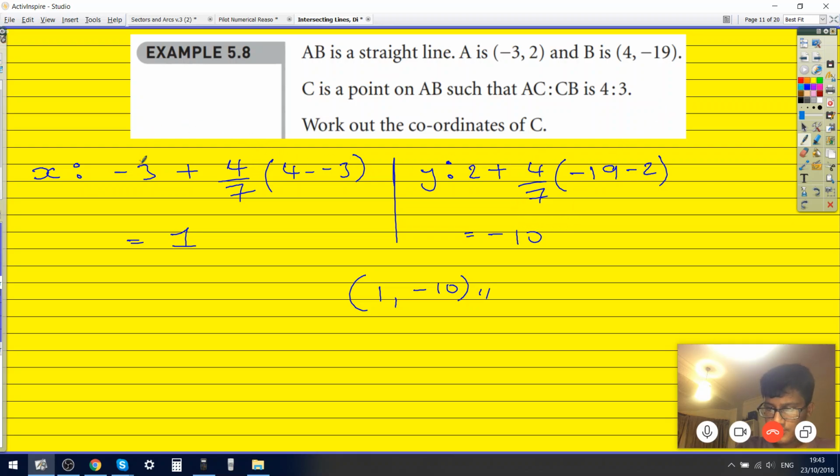So what's before the fraction each time? Not the starting point. So in this case, it was -3 plus that, and then the other one it was 2 plus that.